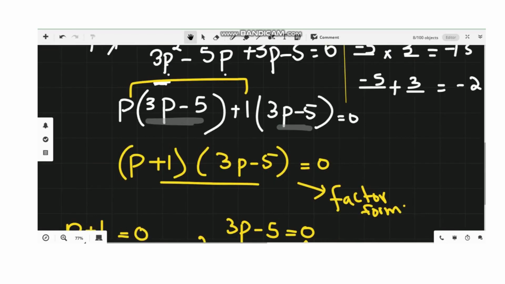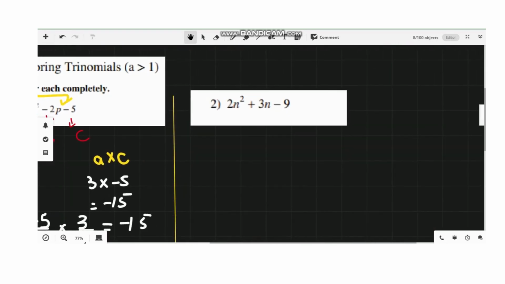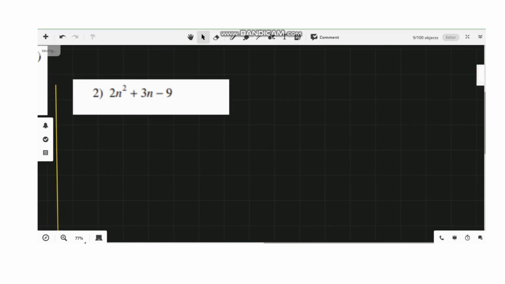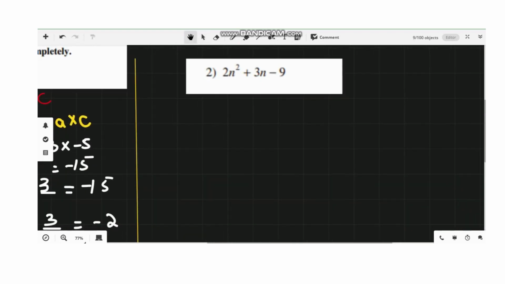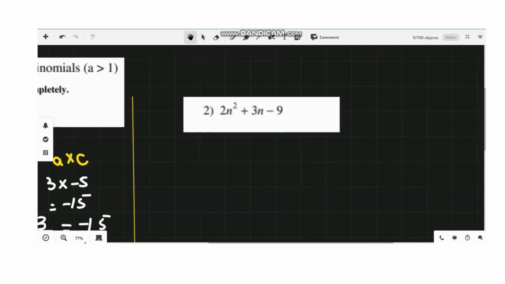Okay, this was the first example we have seen. Now we are going to look at the second example. In the second question, it's 2n squared plus 3n minus 9. So 2n squared plus 3n, and now you can see in this equation it's 2 and -9.